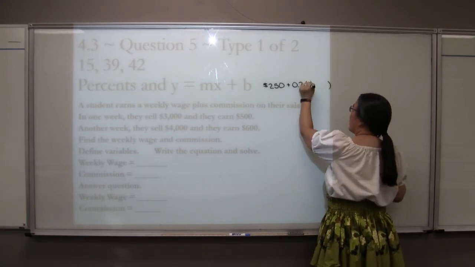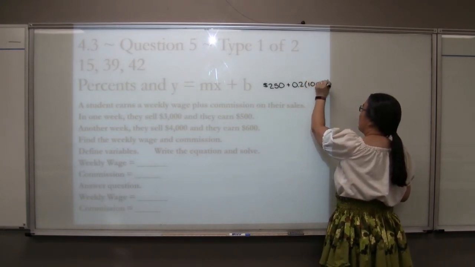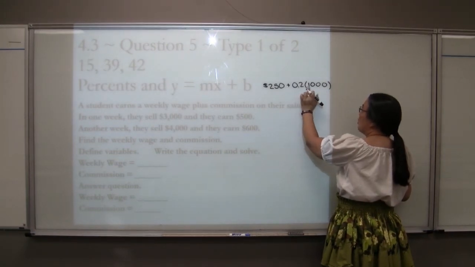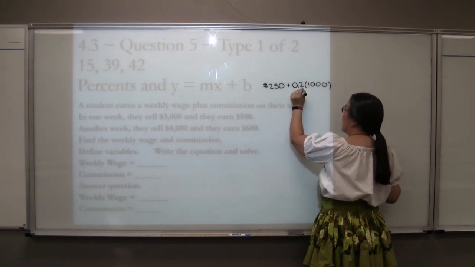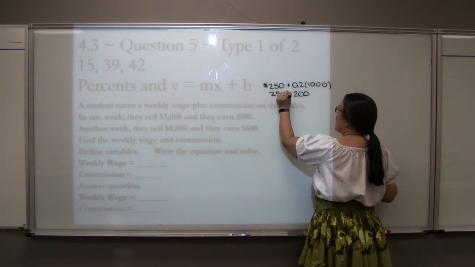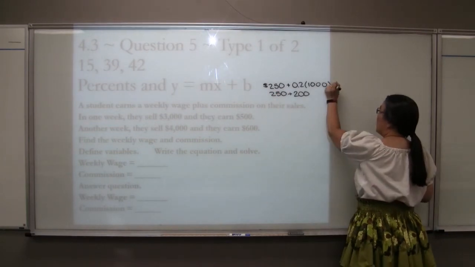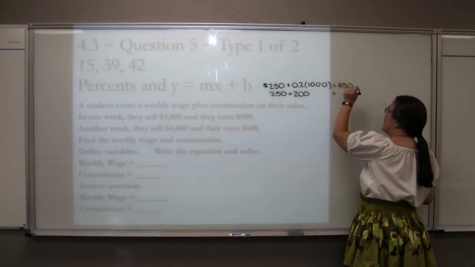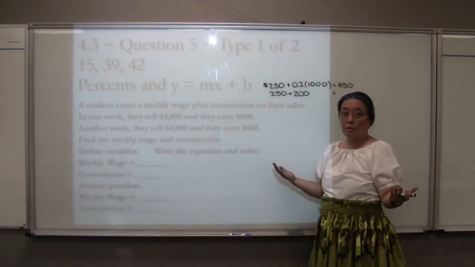If you sold $1,000 worth of stuff for them, then 20% of 1,000, 10% of 1,000 would be 100, 20% of 1,000 would be $200, plus the 250 they originally told you that they were giving you, and that would equal $450 that you would get for that week as take-home pay.